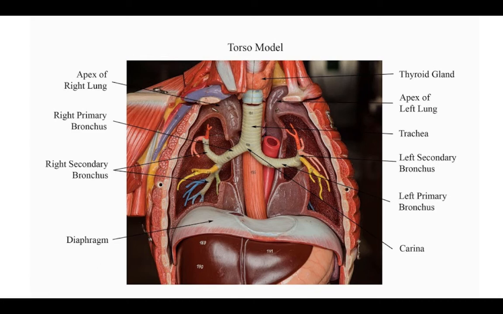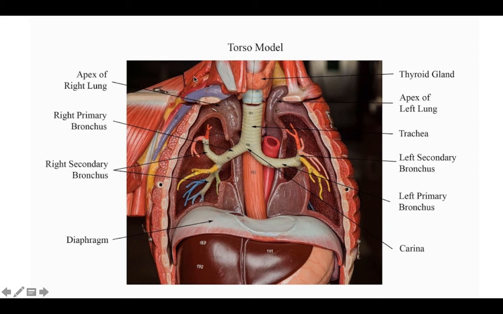And so as you inhale, what happens is this muscle contracts. Right now, when it's relaxed, it forms this umbrella shape, okay? And when the diaphragm contracts, it's going to push down so that it's nice and straight across.